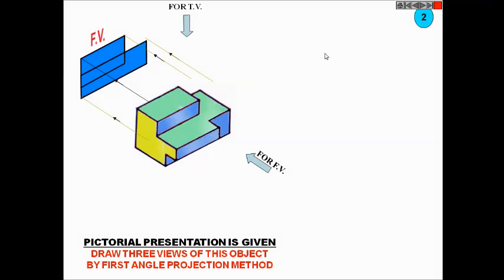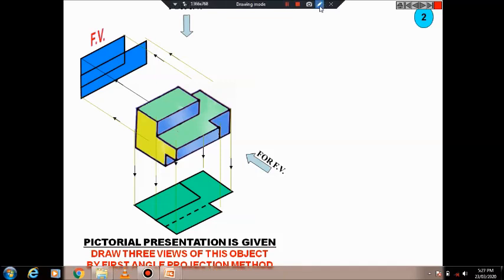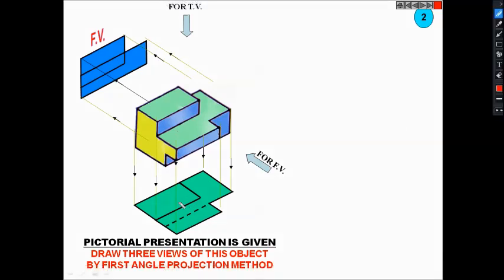Now let's see how the top view looks. So this is the top view of the given object. In this top view, this rectangle is related to this one, so this is the rectangle directly visible to the observer. This green color portion is this one, also directly visible to the observer.